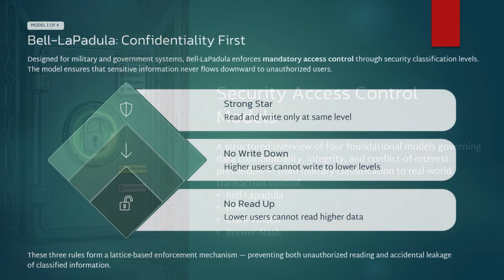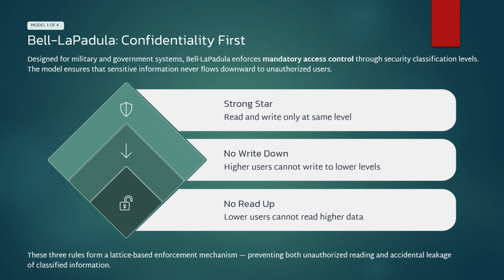First, we'll start with Bell-LaPadula. So what is Bell-LaPadula? The main thing when you think about the Bell-LaPadula model is confidentiality. This model keeps confidentiality first. Let's say there are three layers: internal, confidential, and highly confidential.